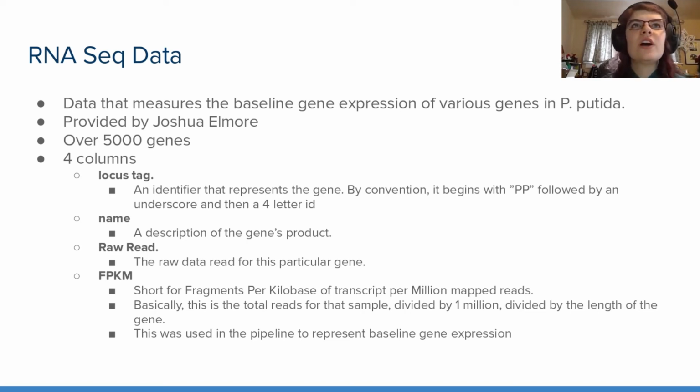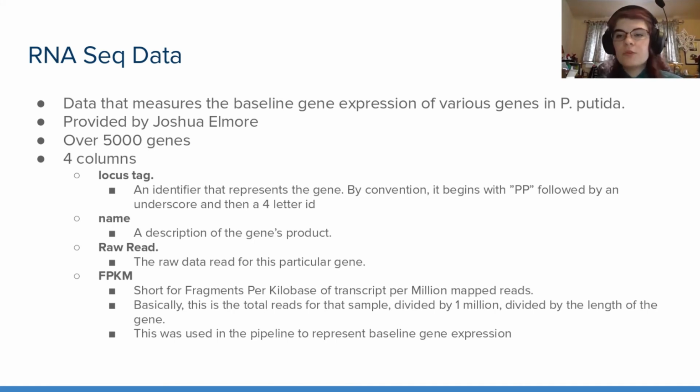So the RNA Seq data measures the baseline gene expression of various genes in P. putida, and it was provided by Joshua Elmore. It contains over 5,000 P. putida genes, and it has 4 columns. It has a locus tag, which is an identifier that represents the gene that we're looking at. By convention, it begins with 2 capital P's followed by an underscore and then a 4-letter ID.